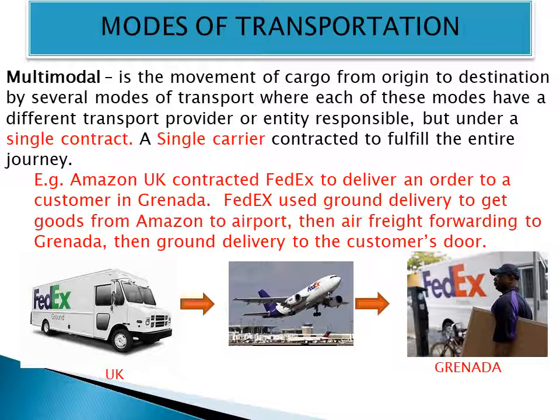And we know that this company often does ground delivery, unless the pricing is not included in that. So of course, it's all about the pricing and what method you choose as the person that is hiring the company. So this is a perfect example of multimodal where different means of transport are used, but one carrier handles the entire journey. They may use different modes, but they are responsible through a single contract for the entire journey.